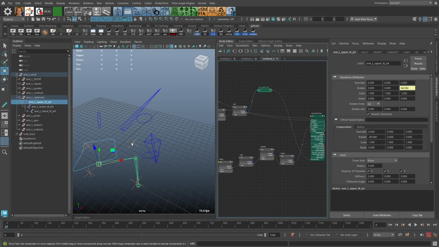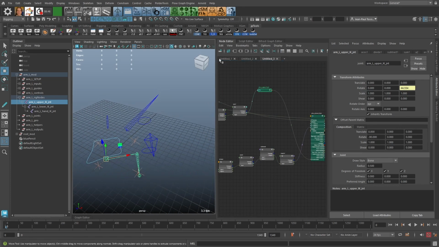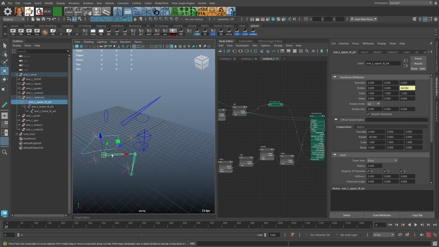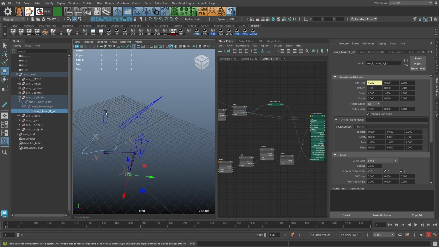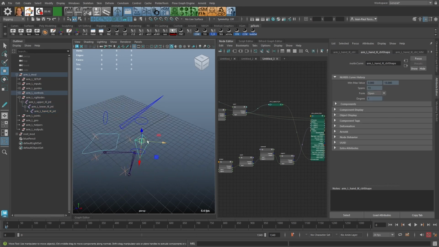So now we have to multiply the matrix of this joint with the matrix that gets us to the arm position. And what we know is that now it's oriented in world space, so the x-axis is actually the axis where the end joint slides over. So the x-axis is basically what we need to have from the arm upper control to the hand IK control.